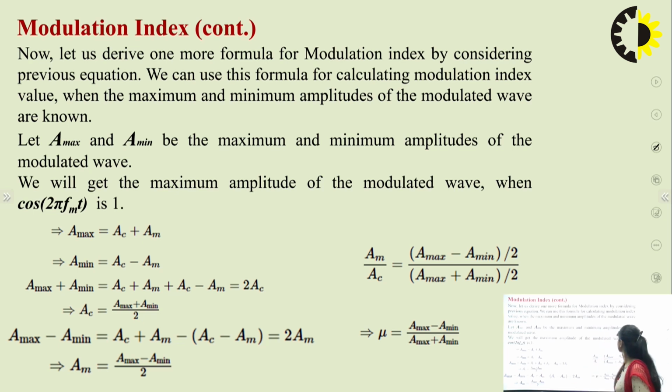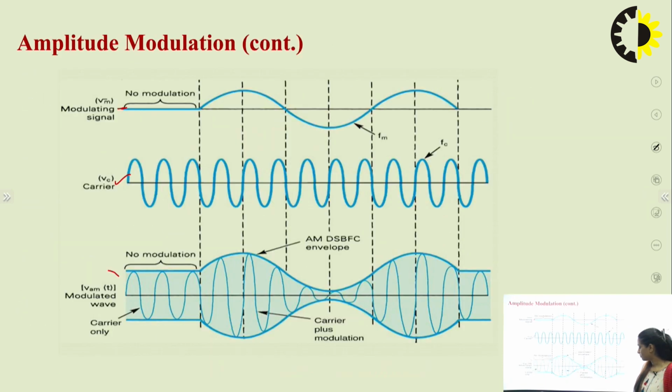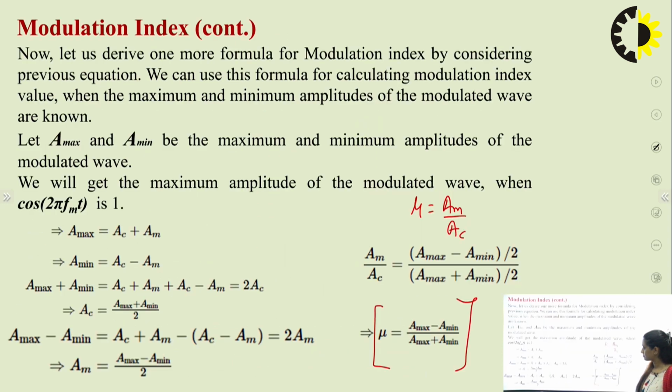Mu can be represented as Am/Ac. Another formula for it is mu equals (Amax minus Amin) upon (Amax plus Amin). Now, what is Amax and what is Amin? From here we could see the maximum amplitude acquired by this. This is Amax and this is Amin, right? Let Amax and Amin be the maximum and minimum amplitudes of the modulated wave.